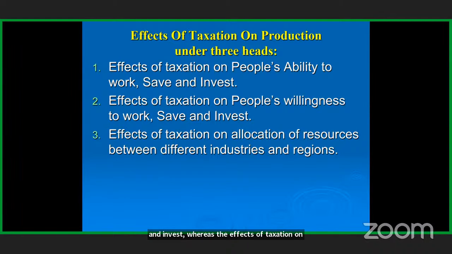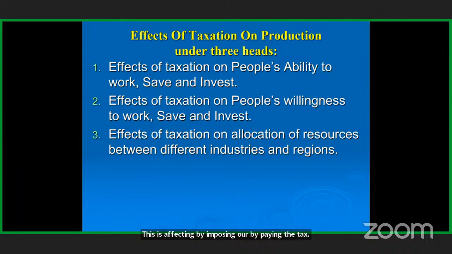To analyze these effects, we should be able to differentiate the effects of taxation on individuals and firms. If individuals pay tax out of their income, and a taxpayer wants to maintain the pre-tax income as it is, he works hard and earns more, so that the tax is paid out of the increased income and the pre-tax level of income is maintained. This is affected by imposing or by paying the tax.